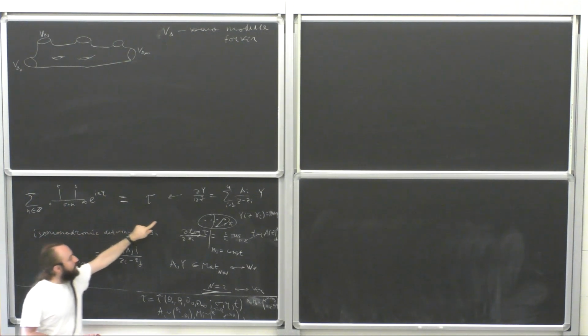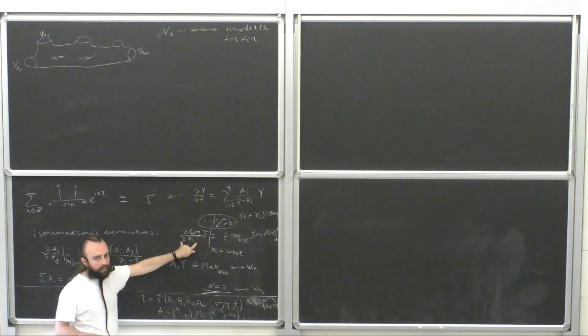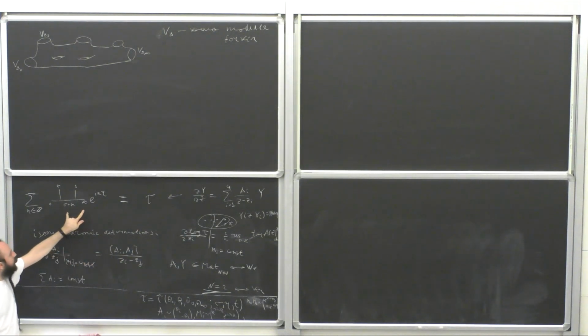A definition of the tau function is here, and there is some explicit formula in terms of Virasoro conformal blocks.